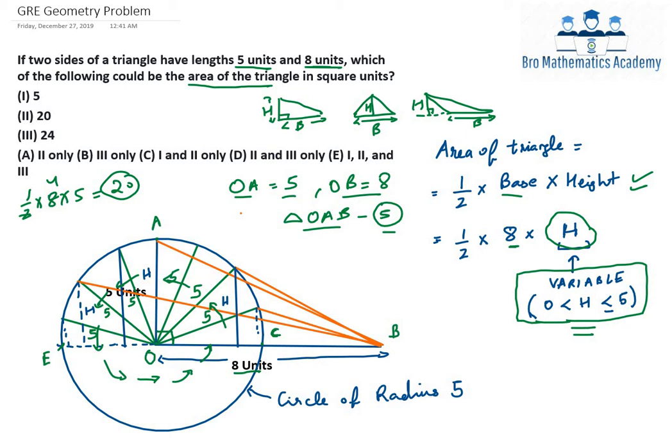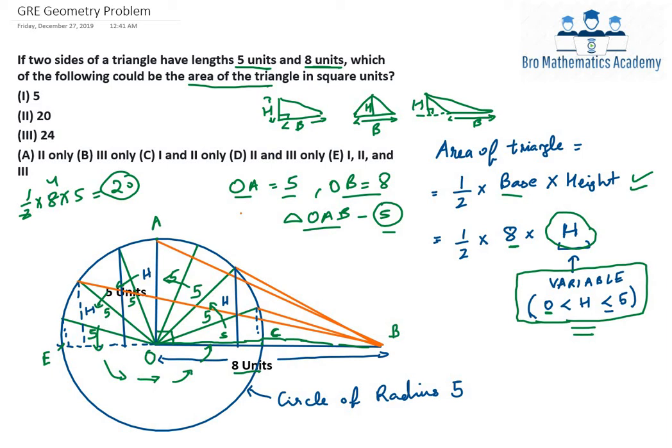Now what can be the minimum value of the area? Let's say I draw a line very closely parallel to OB up to here, this is 5 units, and then I connect this with C. I can go up to almost 0 value of the area of the triangle, right?